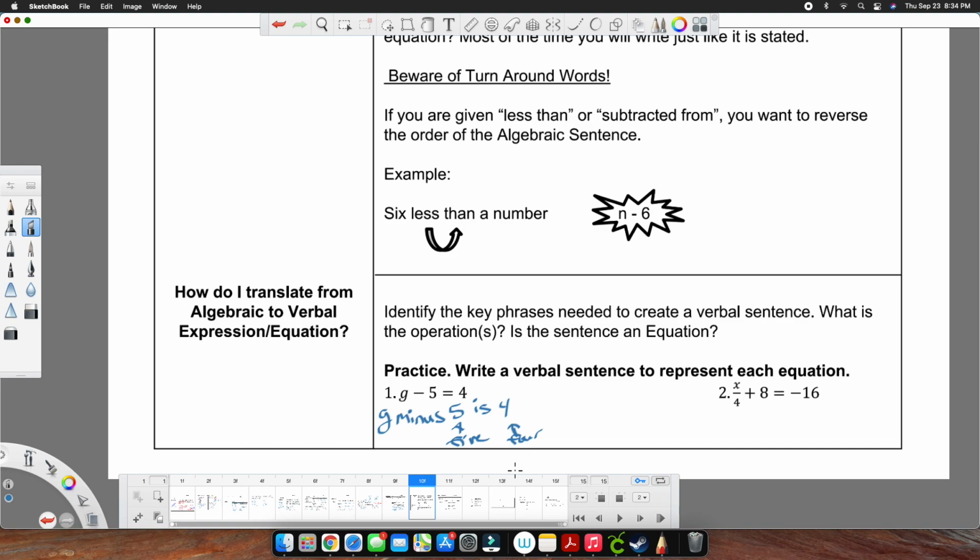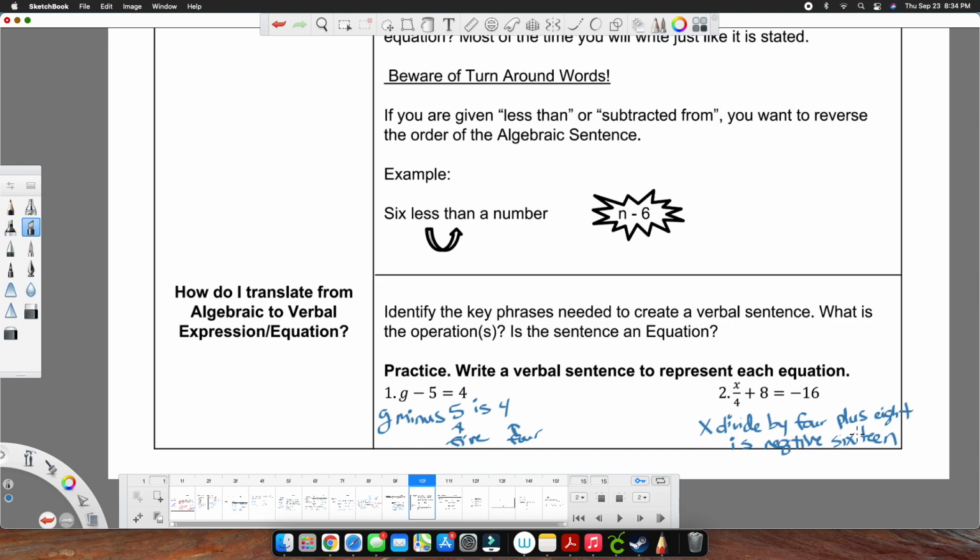All right. So now we have x divided by 4 plus 8 is negative 16. So is this the only way to say this?